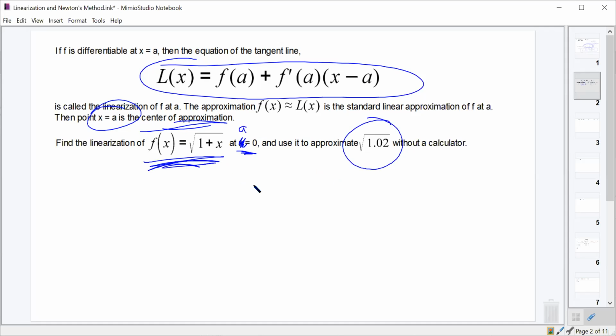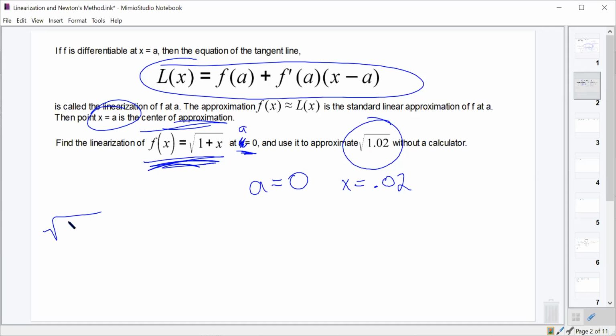And like we said, we want a to be 0 because we know what the square root of 1 plus 0 is. That tells us that our x value should be just 0.02, because if x is 0.02, that gives us the square root of 1.02, which is what we're looking for, right?